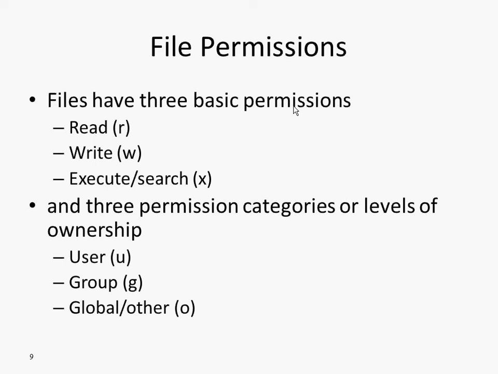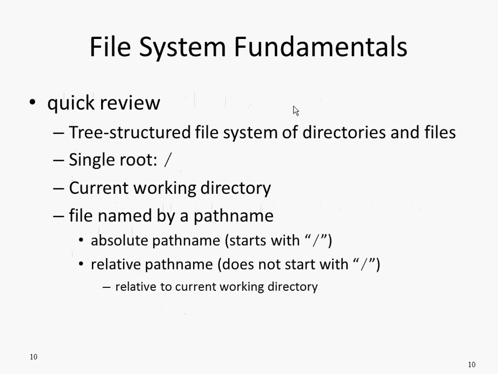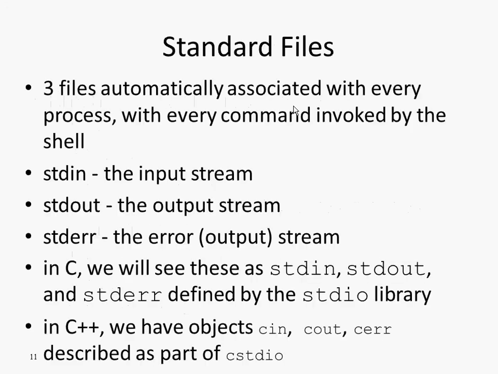Okay, so we mentioned the file system fundamentals: stdin, stdout, and stderr. That's good. And by the way, folks, in case it hasn't sunk in, these are the streams you have access to in C as standard input, standard output, and standard error by the stdio library.